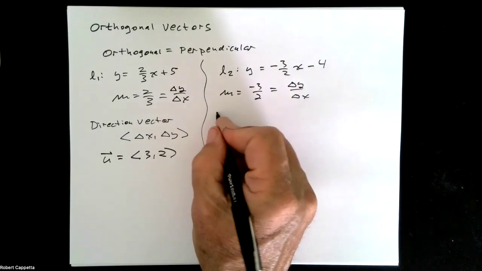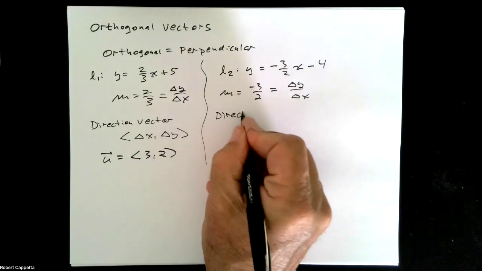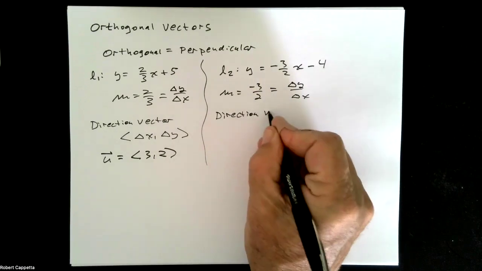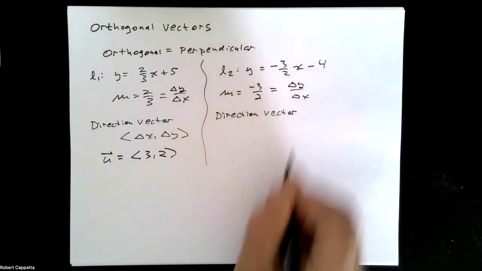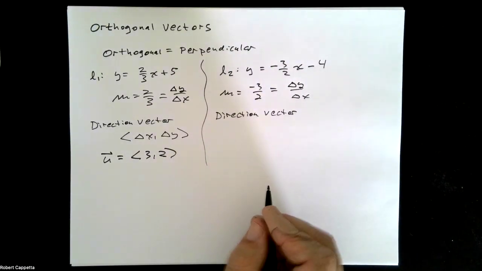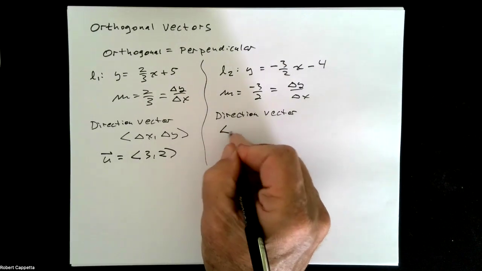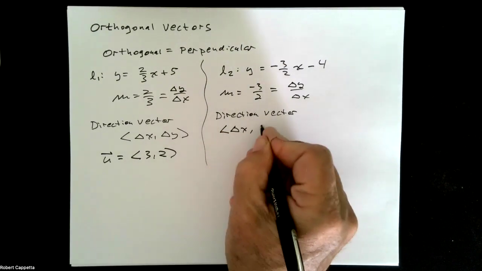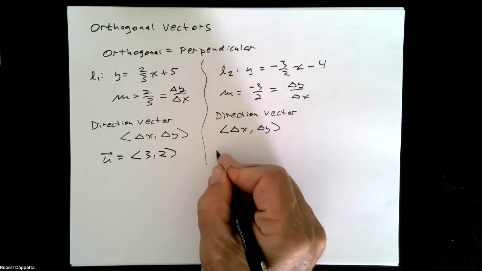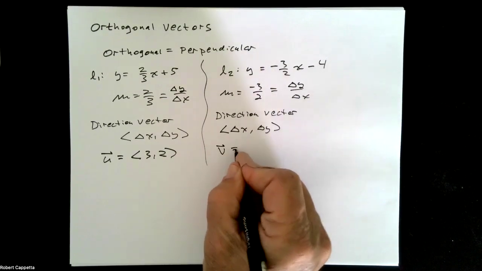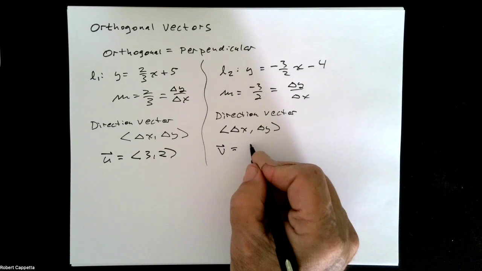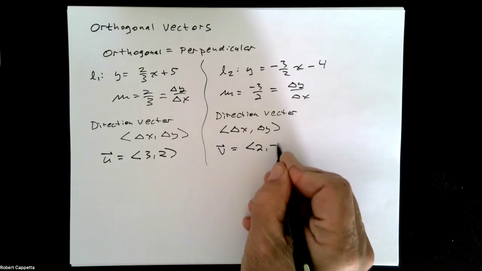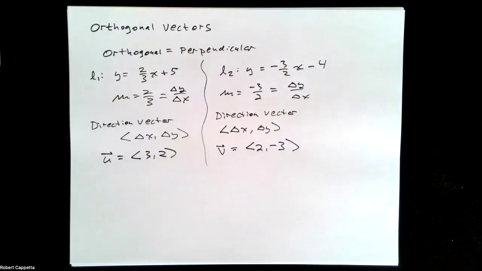So the direction vector here is change in x comma change in y again. And let's call the direction vector here v. So the change in x is 2, and the change in y is -3.